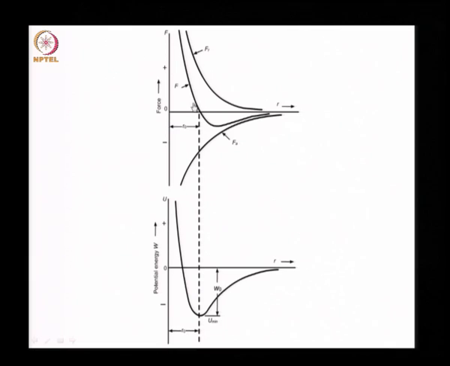When we go to the other side, when we try to decrease the interatomic spacing, that is, we are compressing or pushing the atoms together, we find that the repulsive part is dominating, and the repulsive forces keep increasing as we push the material closer together.